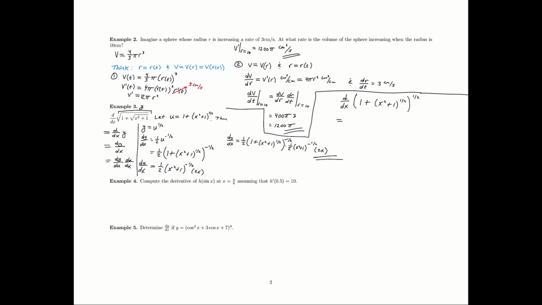So I would start by saying derivative of the outside, leave the inside alone, times the derivative of the inside. So we're going to differentiate this whole thing.